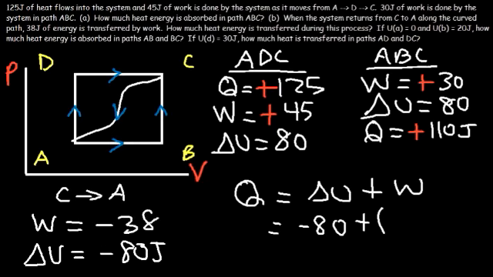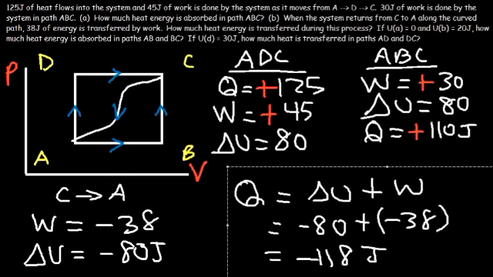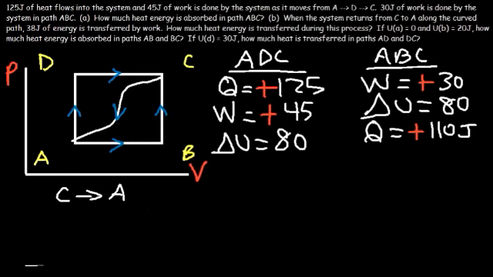So this is negative 38. If we add these two numbers, this is going to be negative 118. So that's how much heat energy is transferred. Now, because Q is negative, that means that heat was released during this process as the system went from C to A.